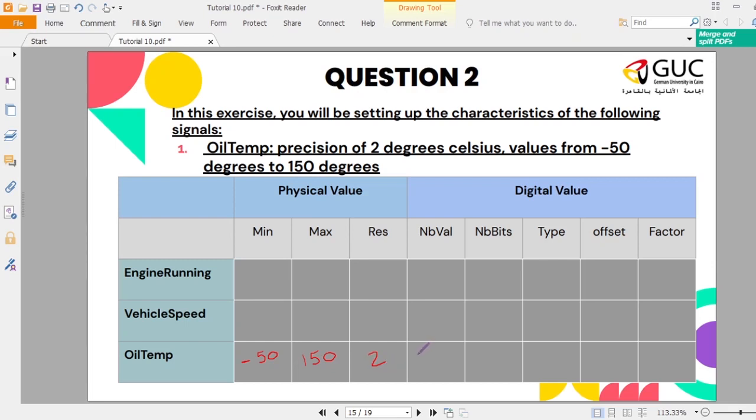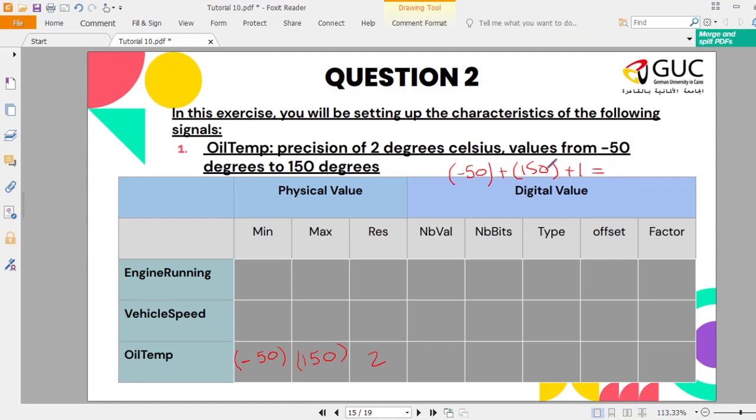So now the total number of values that we will be having, we will add the 50 and the 150 plus 1, which is the 0.